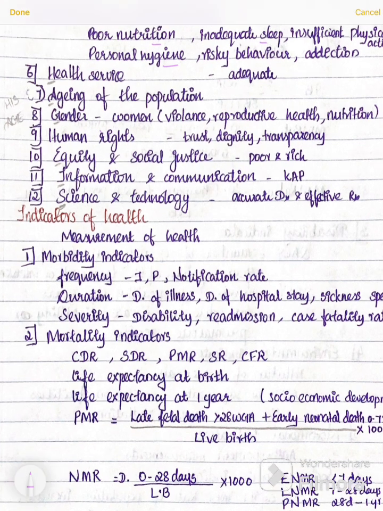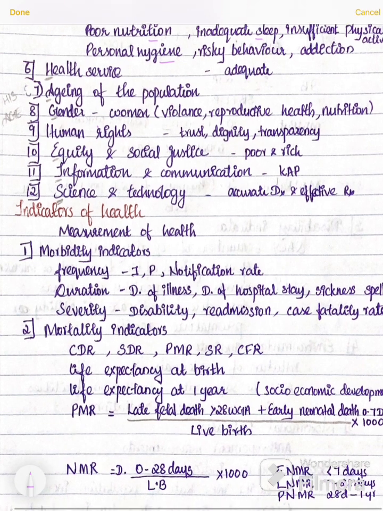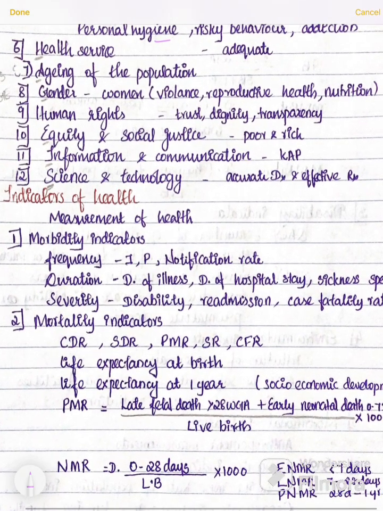Then health rights is also there. Trust, dignity and transparency also matter for good health. And equity and social justice. Poor and rich people should be treated equally, otherwise that may affect health.